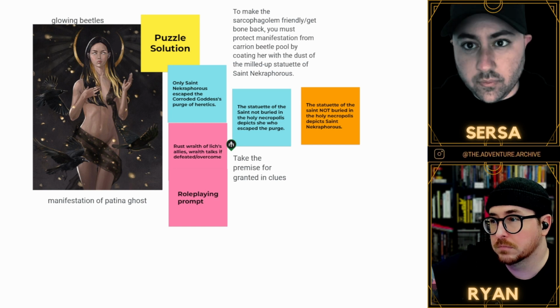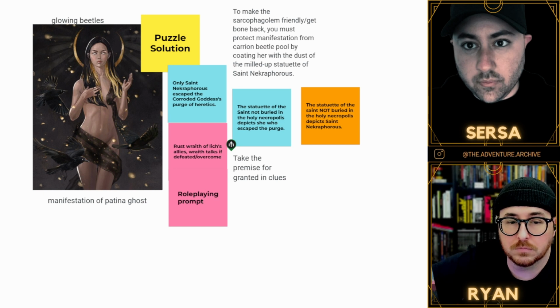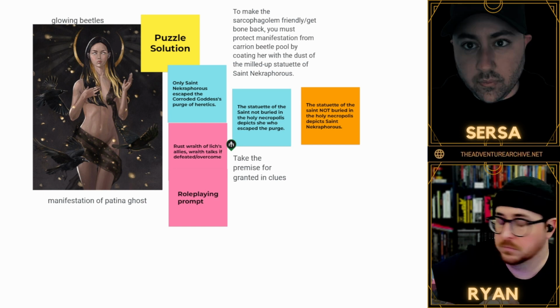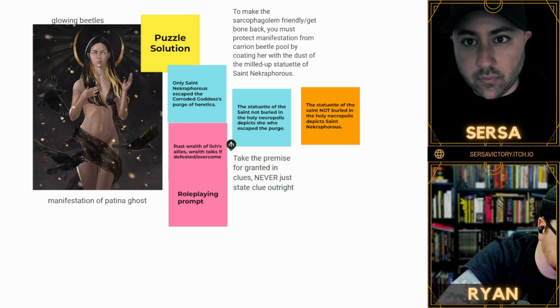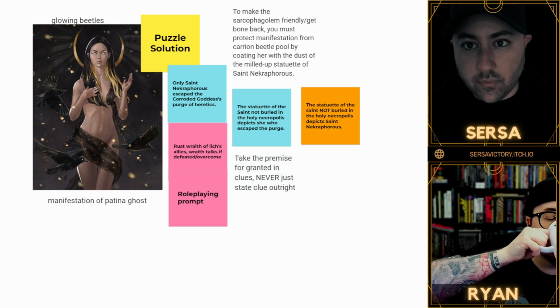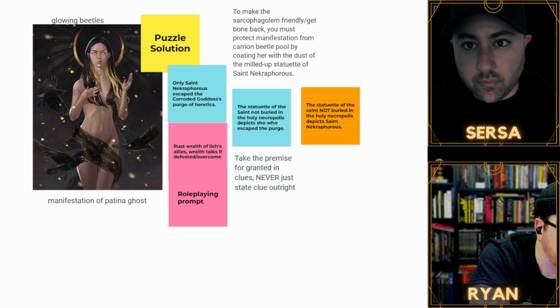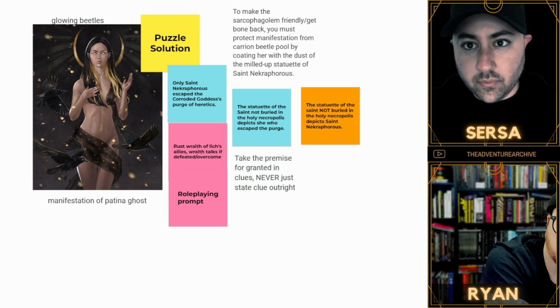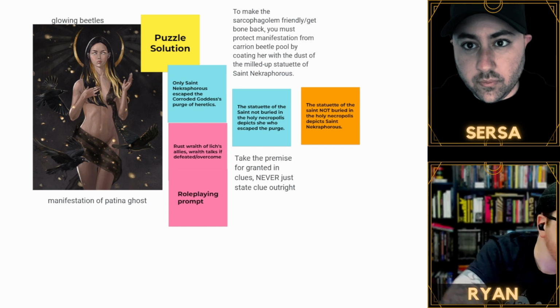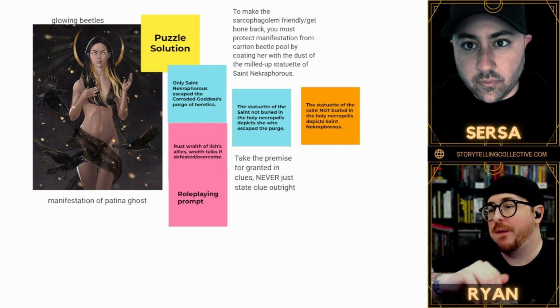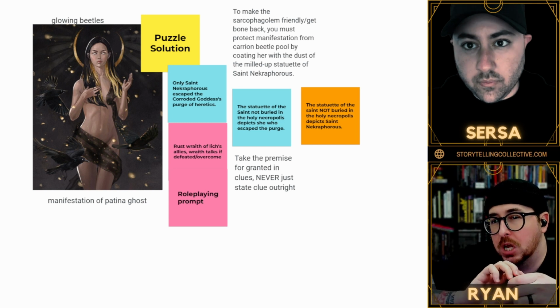Yeah, I like it. And you hit on something, a little piece of advice that I want to give people who are watching or listening. I'm going to type it in the Jamboard here. One trick to help the clues feel a bit more organic, and a little less obvious, is to take the premise for granted in the clues and never just state the clue outright.